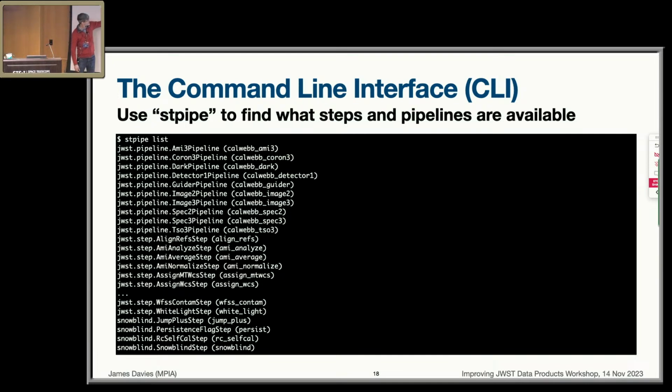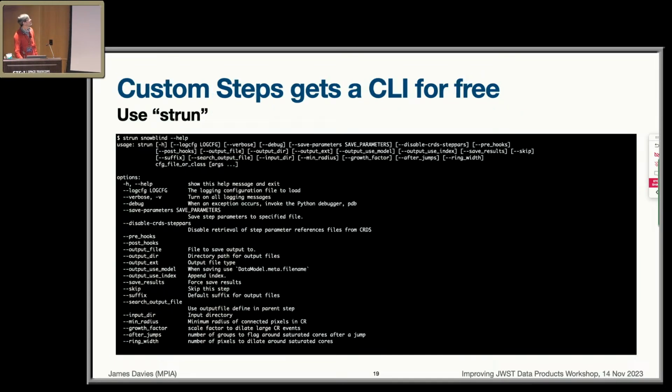So all the pipelines are at the top here, all the steps are here, and at the bottom you'll notice it also lists my custom steps. That's cool. I get a free command line interface for my custom steps. And sure enough, if I do strun snowblind help, it lists all the standard parameters, and down at the bottom, those 4 custom parameters. So that's pretty cool too.